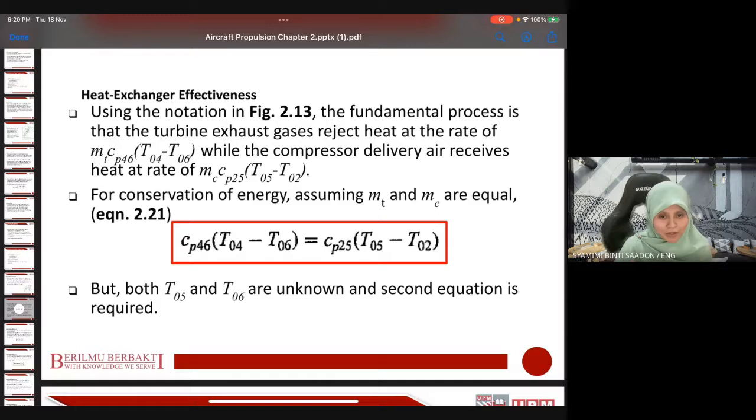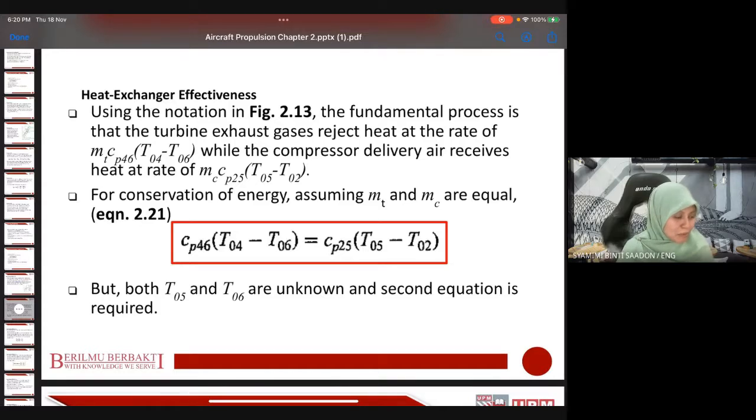So from the conservation of energy law, those heat rates, MCP and so on, are equal. It means what is given and what is received is the same.